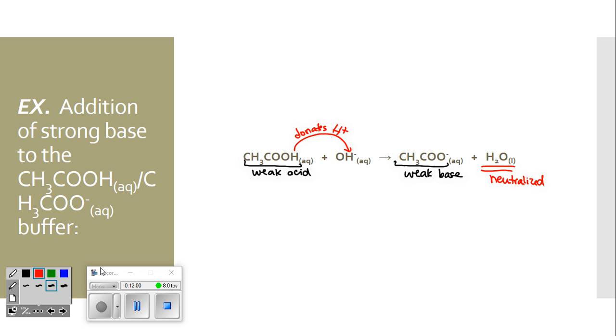So when I have a weak acid and a weak base both present at the same time, they can neutralize things. Now this only works for small amounts. If I have really large amounts of hydroxide ions, it's going to overwhelm my weak acid. But in small amounts, this base can be neutralized by a buffer.